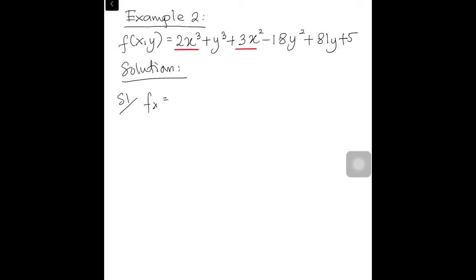So in f(x,y), we have this x. Differentiate x cubed, we have 6x squared. And then differentiate 3x squared, we have 6x. For fy, we have this y in f(x,y), and differentiate them, we get 3y squared minus 36y plus 81.